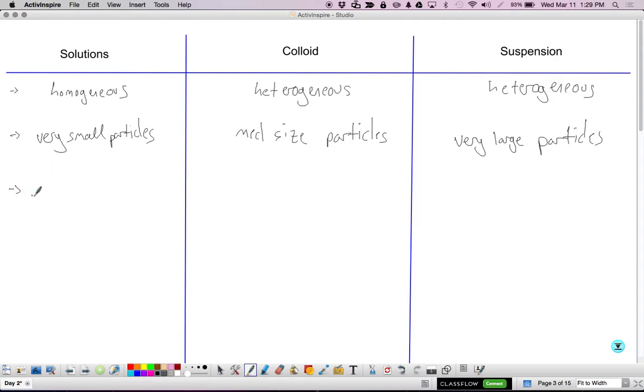All right, solutions do not settle out. The same can be said for colloids, which also do not settle out. But a suspension will. The particles will settle out because they're so large.